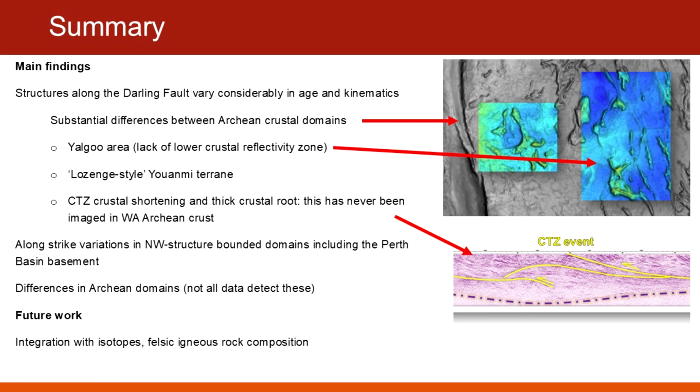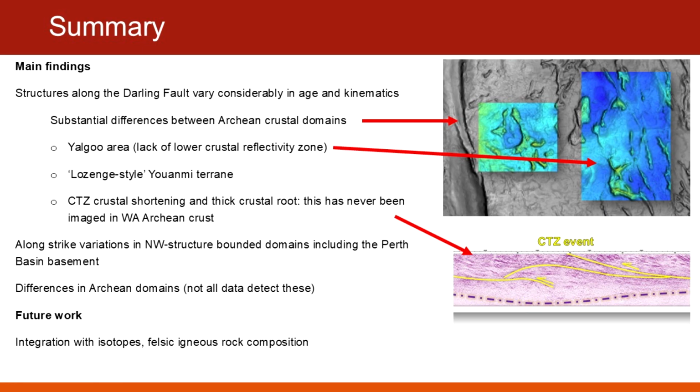We have this more dome and keel type, almost East Pilbara looking domains in the west Yilgarn, Yalgoo. But showing the seismic lines going through actually shows that the seismic structure varies accordingly, also at depth. So these are really different types of Archean crustal domains. We have the lack of the crustal reflectivity zone in the Yalgoo area.